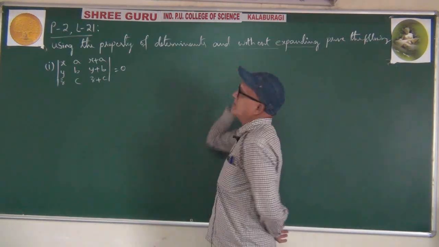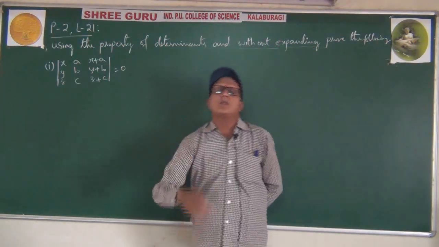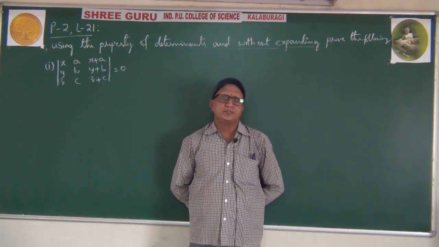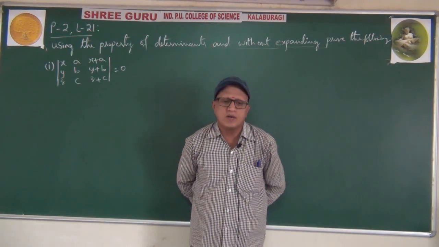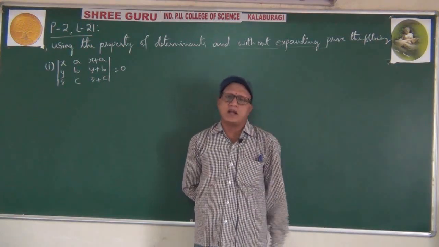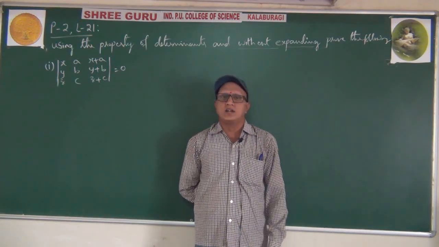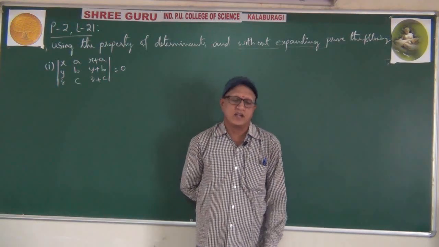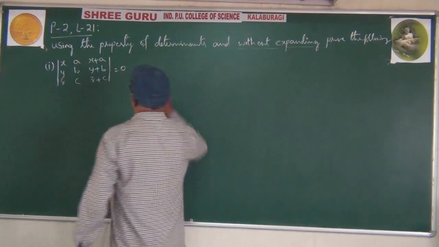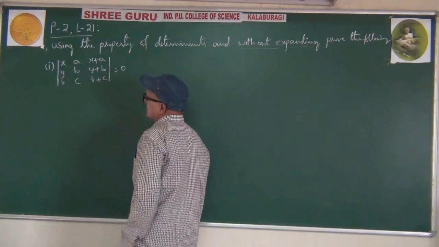Because if the question doesn't say this, then we use the properties and then expand the determinant. If you use the properties, the simplification after expanding will be easy. If you don't use properties, it will be a lot of headache. So here they mentioned using the properties of determinants and without expanding.